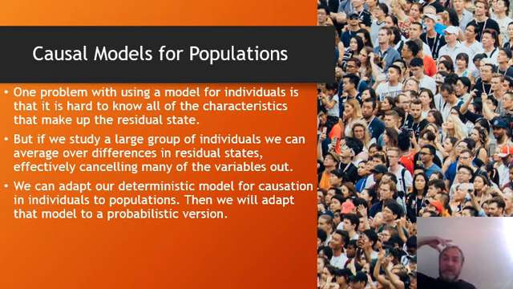So with lots of different people with lots of different hair colors, we can in the end rule out hair color probably as a causal factor. If there are differences in the effect, it can't be hair color because we have people of all different hair colors. That's the idea. So we can adapt our deterministic model for causation in individuals to populations, and then we'll adapt that model to a probability.